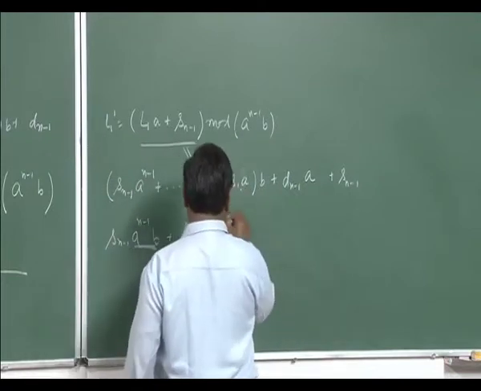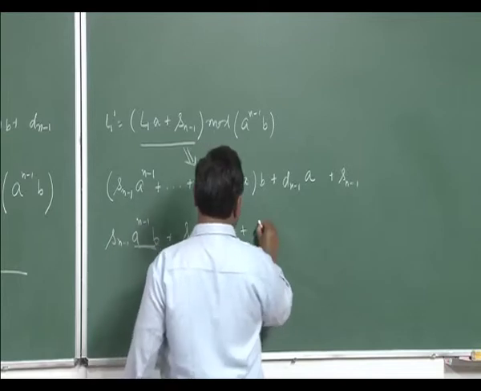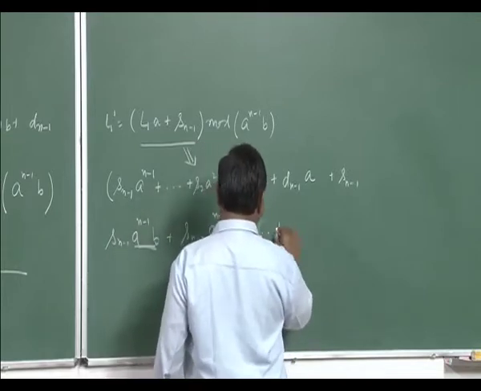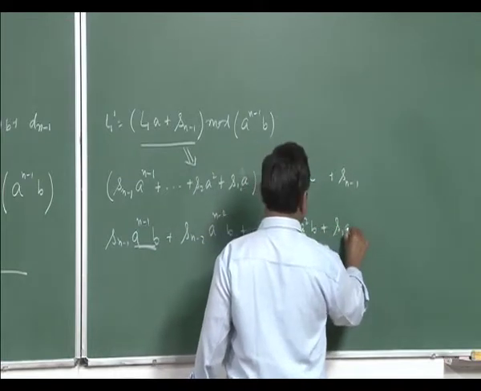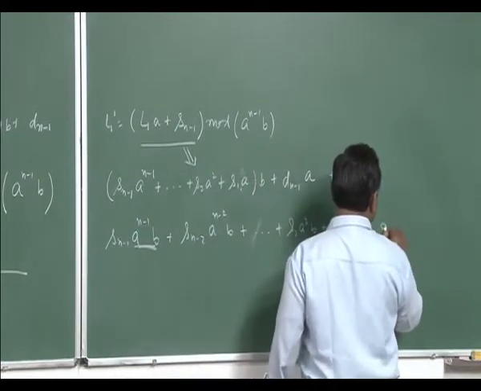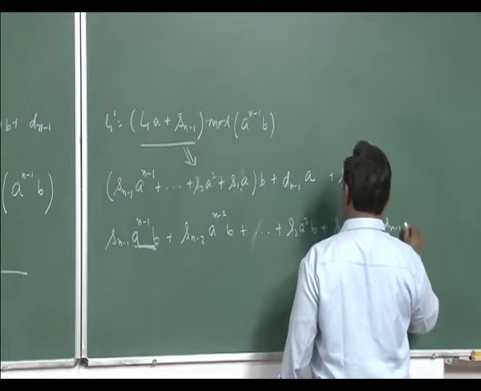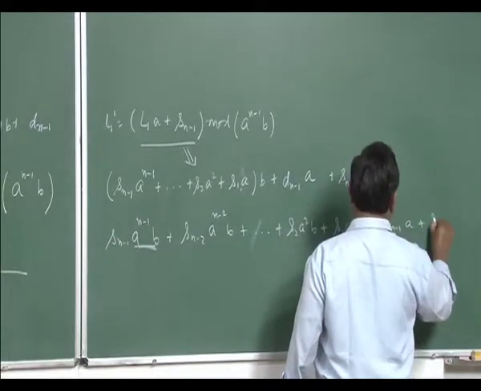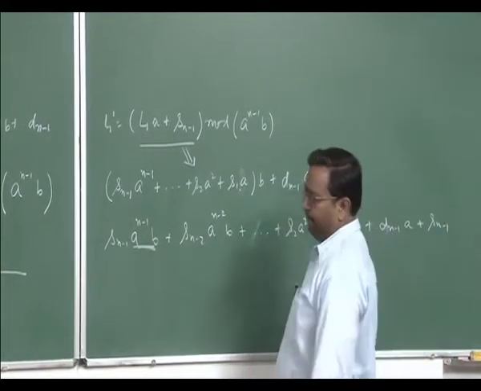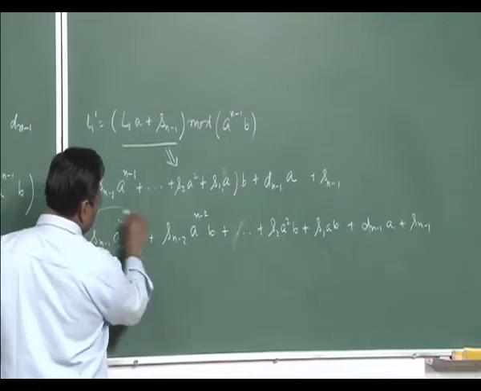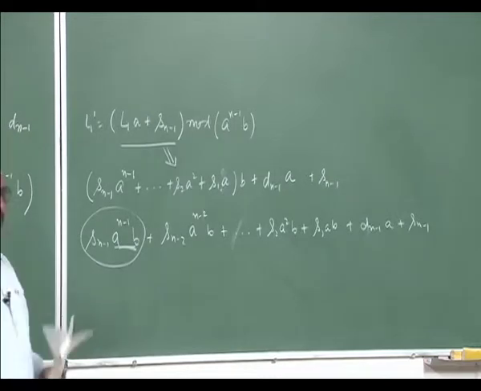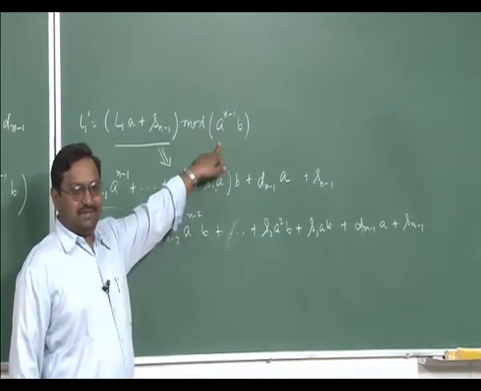This will be n minus 2b. Now this particular factor is divisible by a raised power n minus 1b.